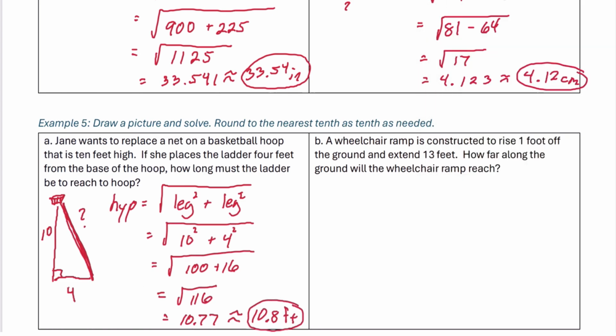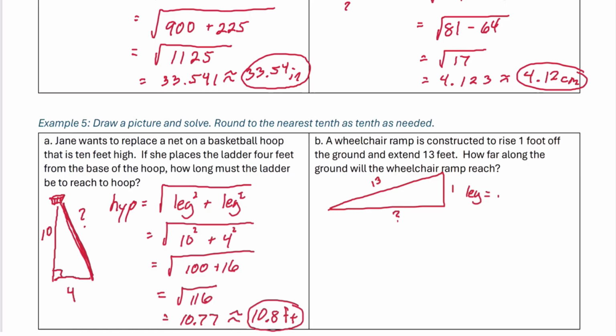In part B, a wheelchair ramp is constructed to rise 1 foot off the ground and extend 13 feet. How far along the ground will the wheelchair ramp reach? So here's the ramp. We need it to extend 13 feet, rise 1 foot off the ground, and we're asking how long around the ground will it be? So we're looking for a leg.